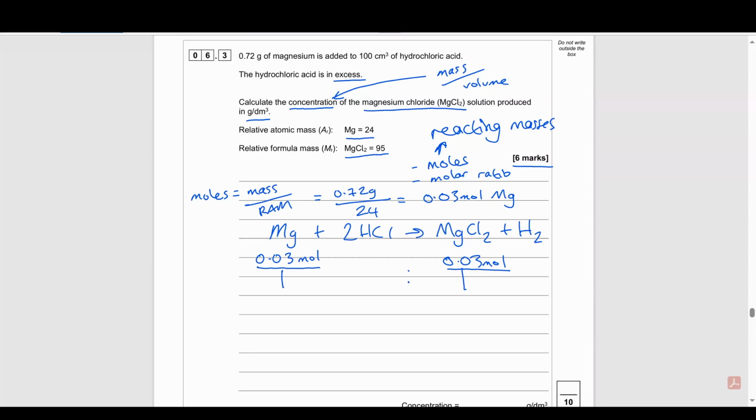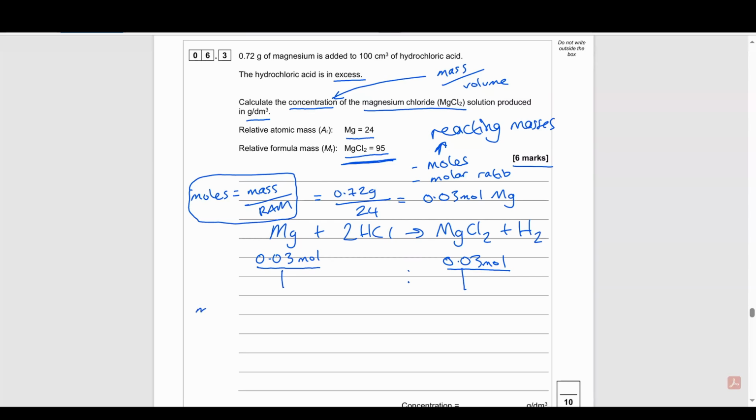So what we can do now is find the mass of magnesium chloride. Now, for the mass of magnesium chloride, we can use our equation for moles and rearrange it. But this time we're not using relative atomic mass because it's a compound. We're using the relative formula mass, which is given to us in the question.